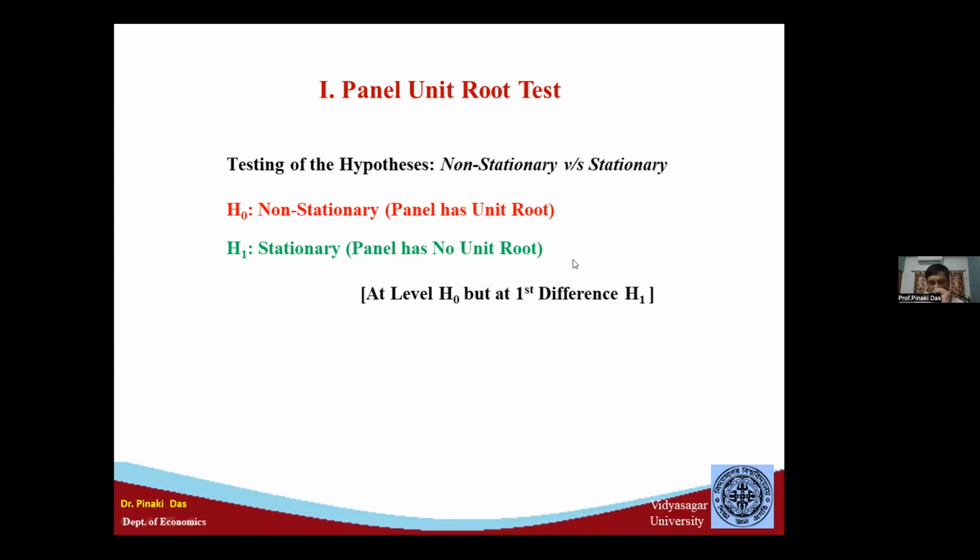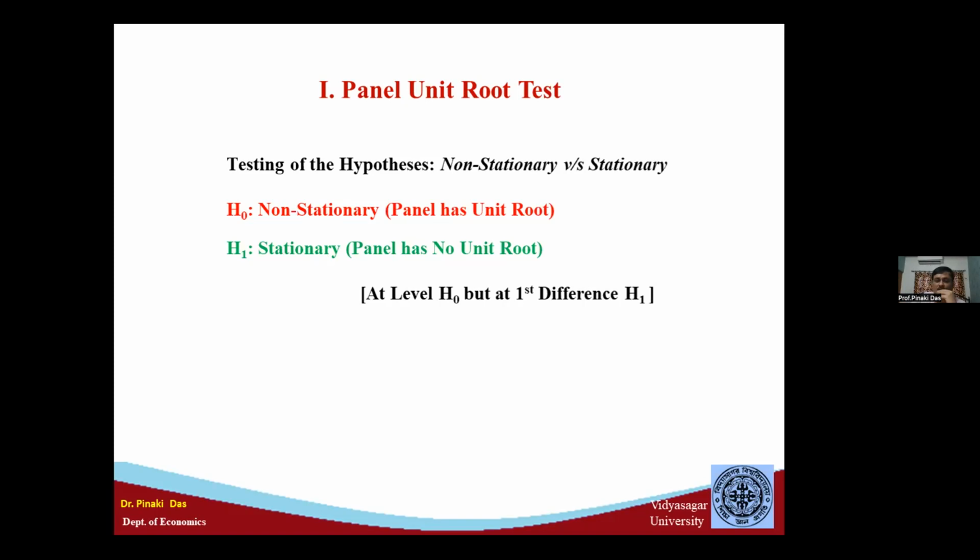Now, to find out the short run or long run causality of the dependent and independent variables, at the level, that means the original data, the data is non-stationary.